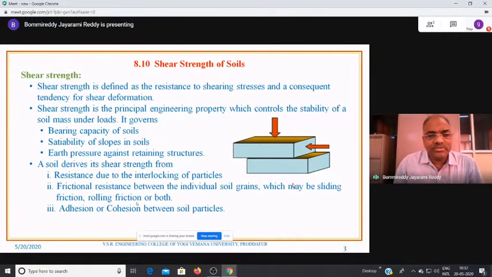The same concept is involved here also in case of shear strength of the soils. So it is the resistance against the shear deformation and resistance by means of the soil. Resistance by means of the soil means it again consists of soil particles, air, and also the water.